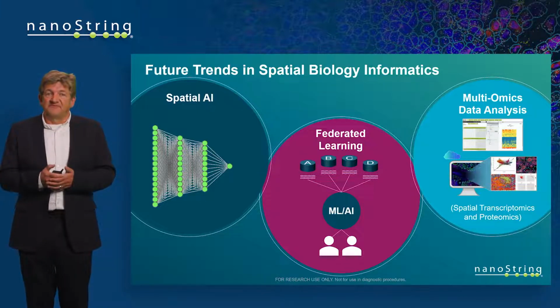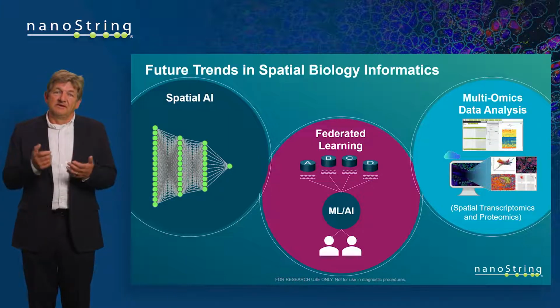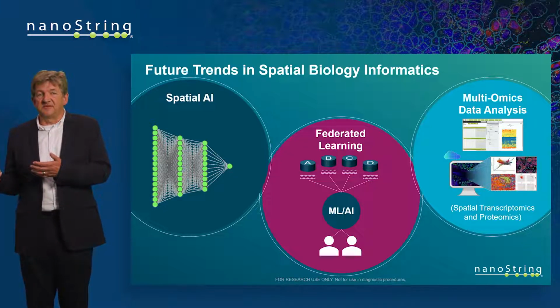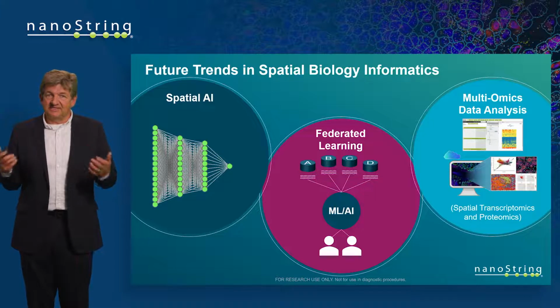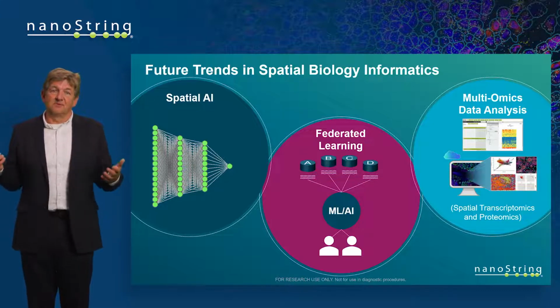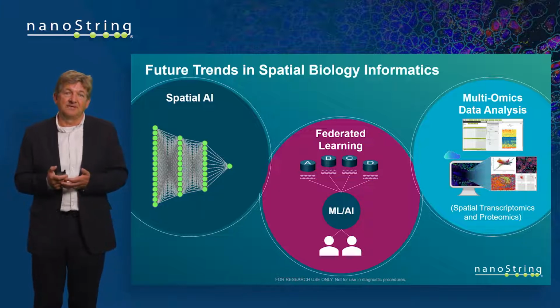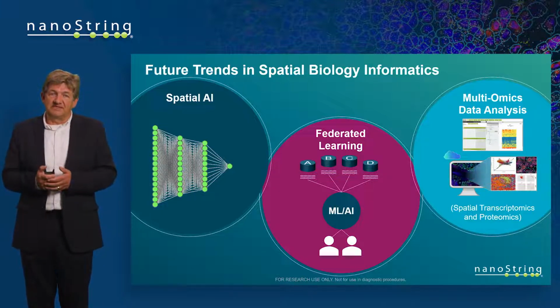What's in the middle is the federated learning topic. And federated learning goes with the topic of spatial AI. Any AI method needs access to data, and we want to make sure that data is protected. Federated learning is a technology to enable AI without moving all the data to one place, without aggregating the data in one place.